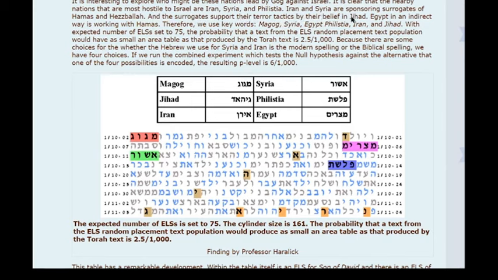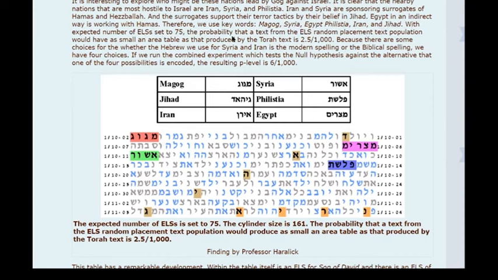Iran and Syria are sponsoring surrogates, Hamas and Hezbollah, and the surrogates support terror tactics by the belief in jihad. Egypt, in a different way, is working with Hamas. Therefore, we use the keywords Magog, Syria, Egypt, Philistia, Iran, and jihad with expected number of ELS set to 75.